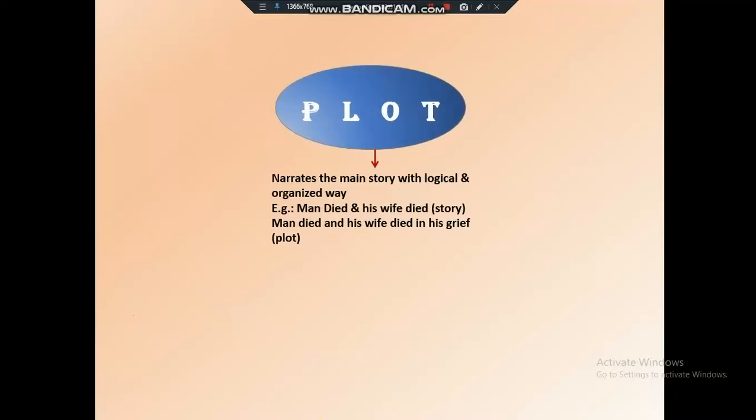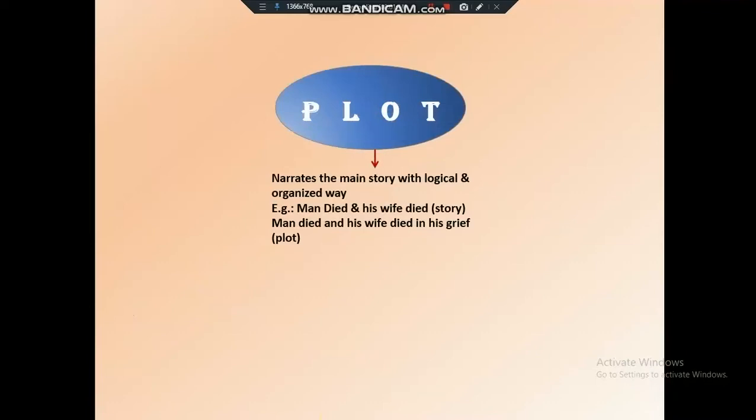You have already read about the plot and some characteristics of plot in your first year class, so you need to understand it in a better way again, because it's very important as far as plays are concerned.